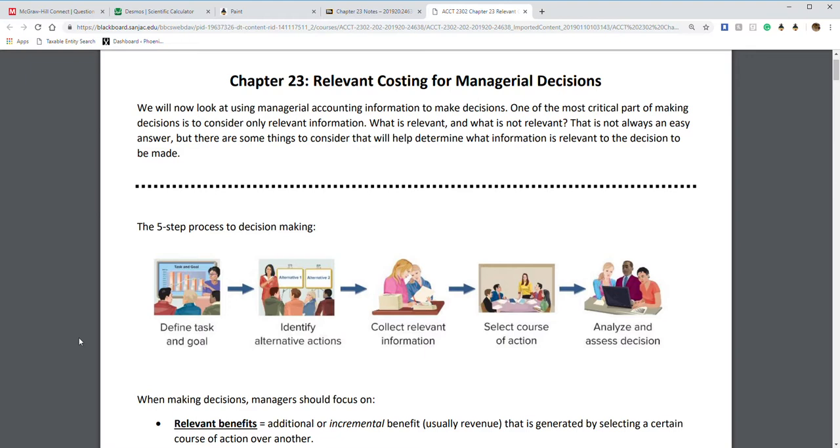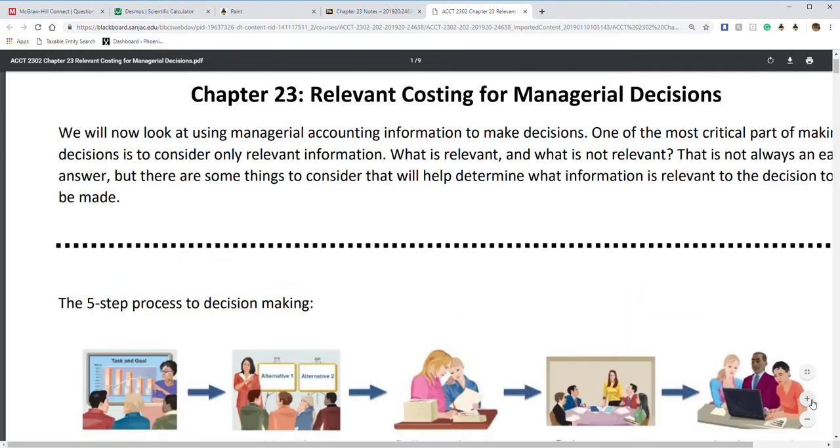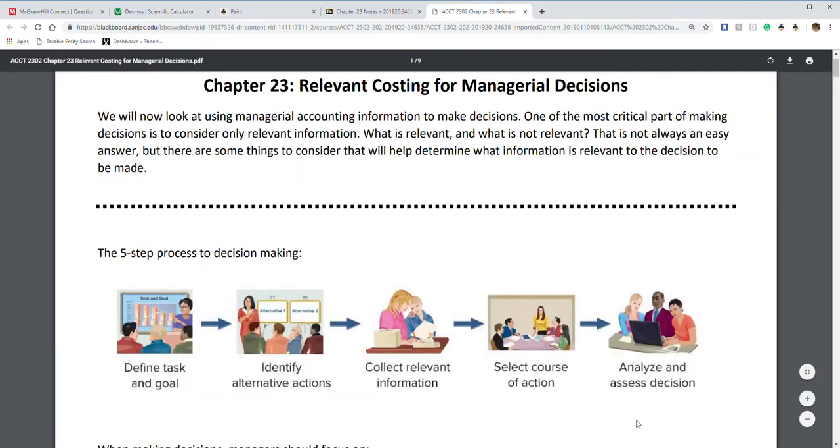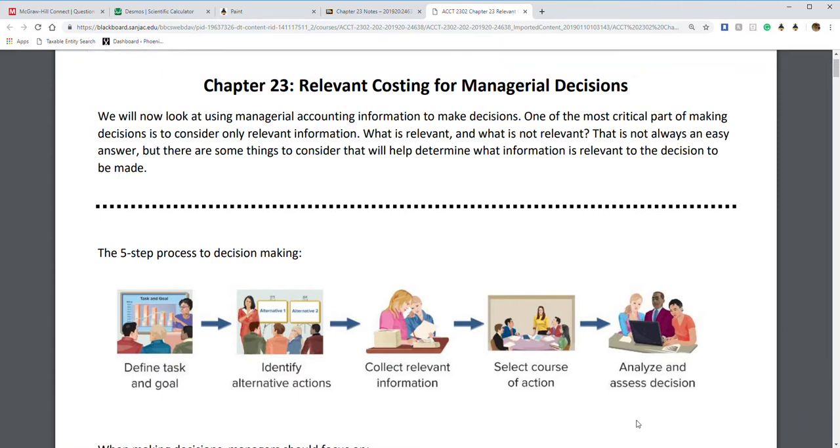Anyway, starting off with Chapter 23, we're going to deal with the 5-step process to decision making. Really, it's what we've been doing already, just in graphic form, because you know me, I love the graphics. First step is to define the task and goal, what we want to achieve. From there, we identify alternative actions: plan A, plan B, plan C, plan alpha, plan omega, plan expendables, whatever, plan cows and chickens.